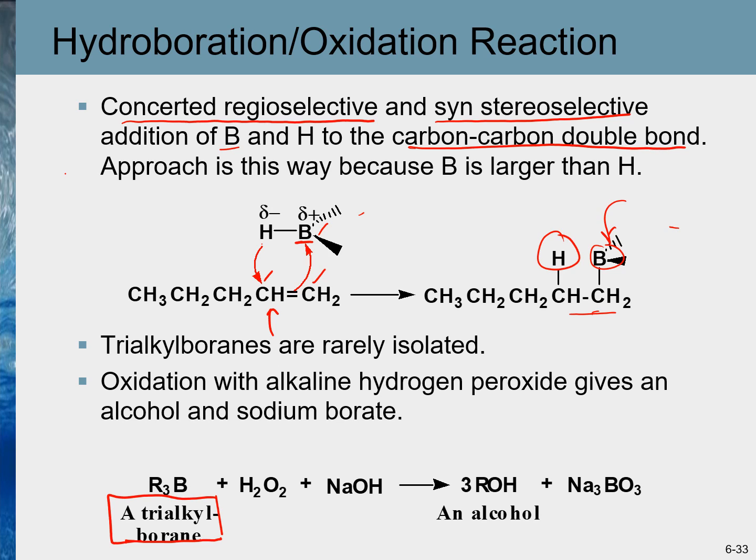Now, trialkyl boranes are oxidized with the hydrogen peroxide and sodium hydroxide, and the product will be an alcohol, and in this alcohol the OH group will be present at the carbon atom, which has more hydrogens present on it.